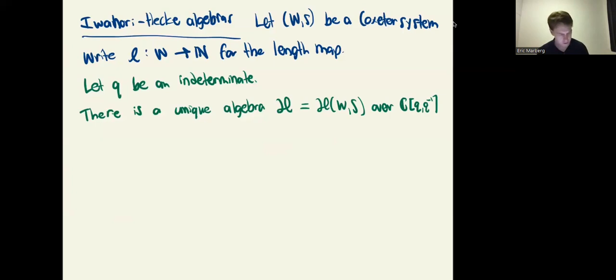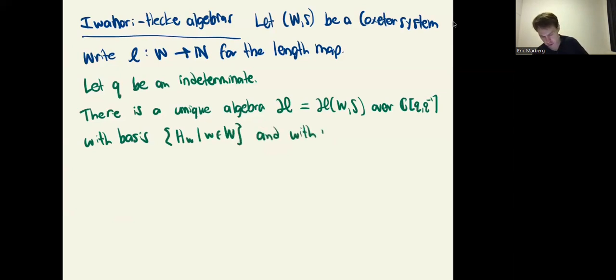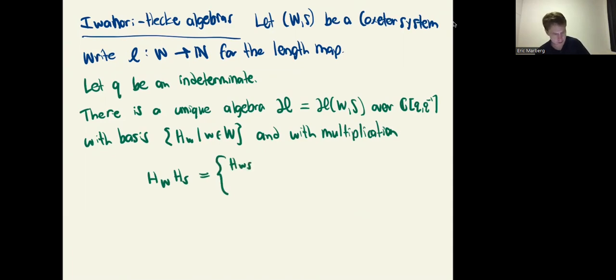So there's a unique algebra that has a basis indexed by elements of W, and with multiplication satisfying, well, if I take HS and I multiply by HW, I either get HSW or I get HSW plus (Q minus Q inverse) HW.